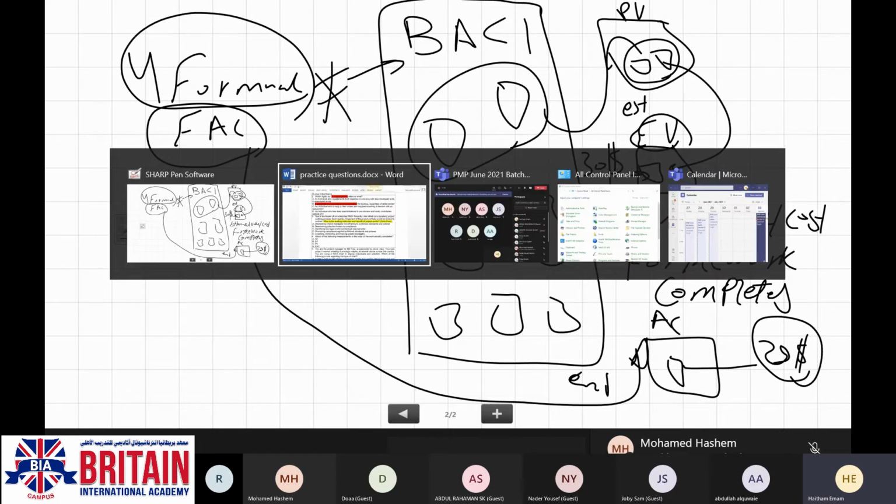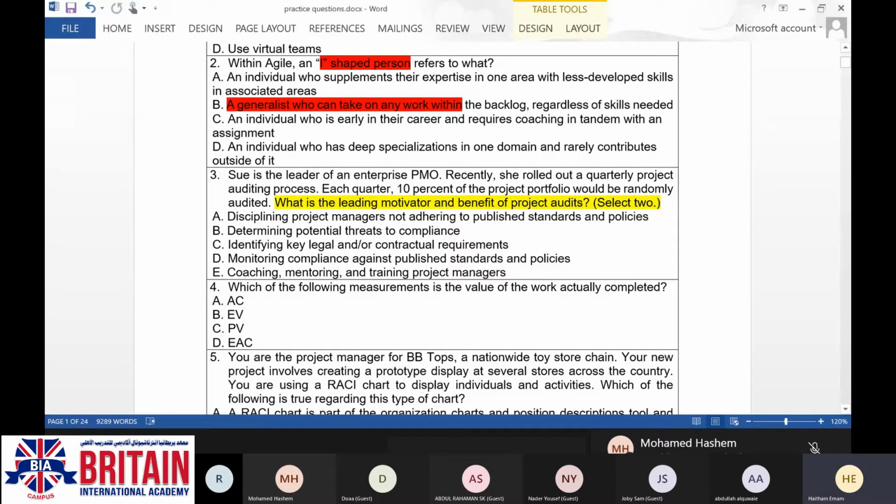So this question: which of the following measurements is the value of the work actually completed? AC? No, because he's saying the value of the work actually completed. When it comes to the work actually completed, we are going to ignore planned value, because planned value is talking about the planned delivery.